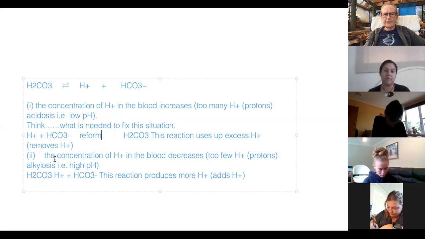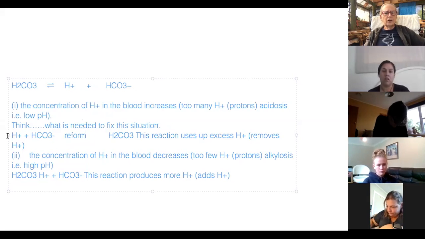All right. If the concentration of the H+ in the blood decreases, too few protons, we've got no protons. So now what have we got? We've got too few protons.